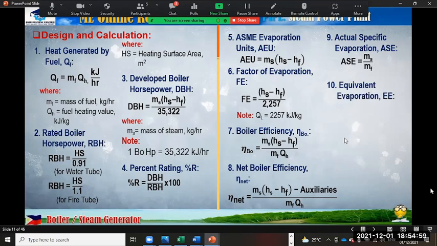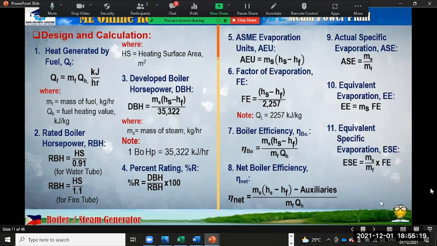We have also the one called the equivalent evaporation or EE. The equivalent evaporation is basically the product of the mass of the steam times the factor of evaporation. Just like that. Okay, and then for the equivalent specific evaporation or ESE, the formula is basically the ratio of the mass of the steam to that of the mass of the fuel, multiplied by the factor of evaporation.